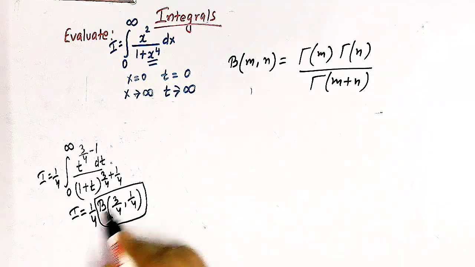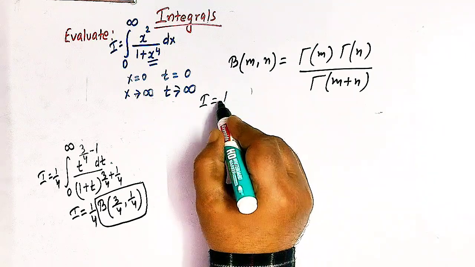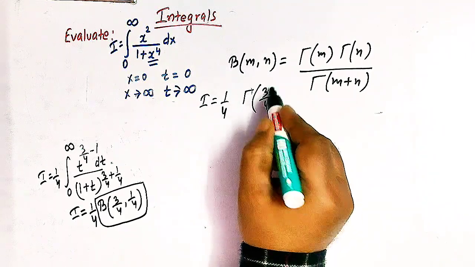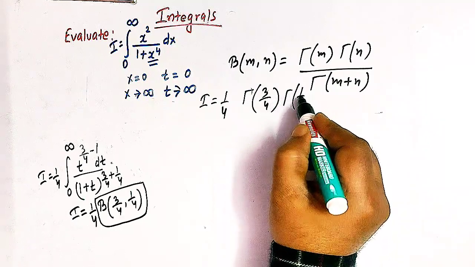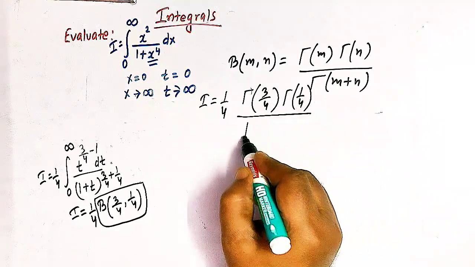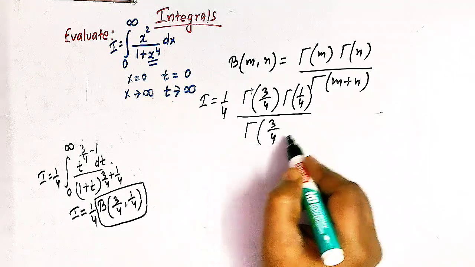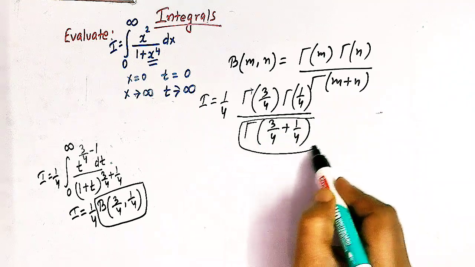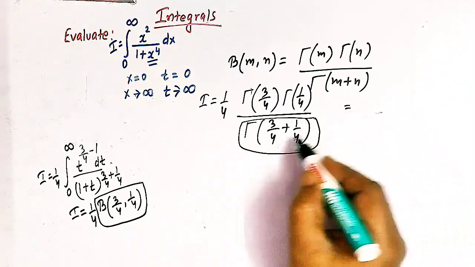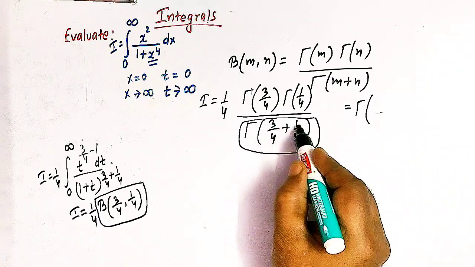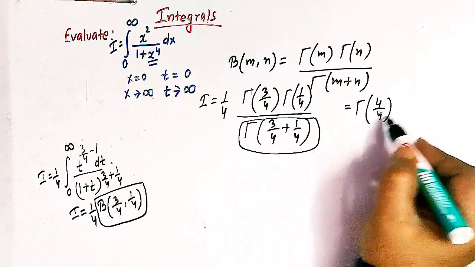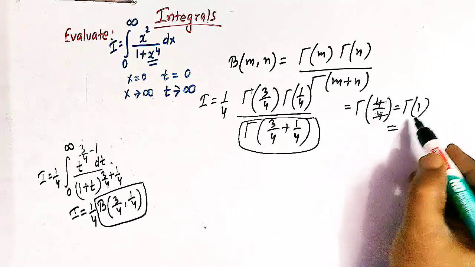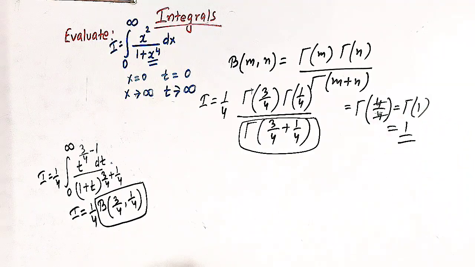So now the integral I can be written as 1 by 4, and we have gamma of 3 by 4, then gamma of 1 by 4, and here we have gamma of 3 by 4 plus 1 by 4, right? Now this term is equal to gamma of (3 plus 1) over 4, 4 over 4, that is gamma of 1. 4 and 4 get cancelled and gamma of 1 is equal to 1, right?